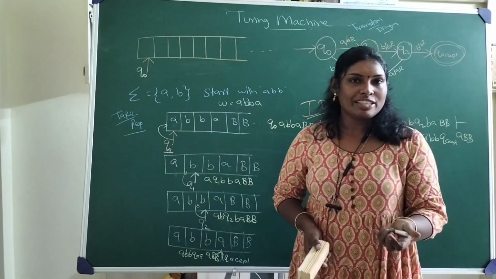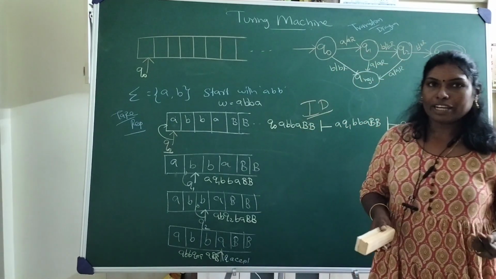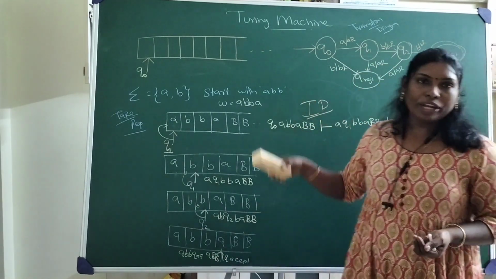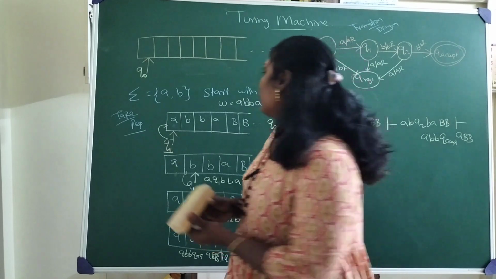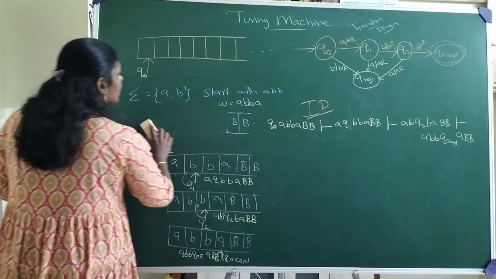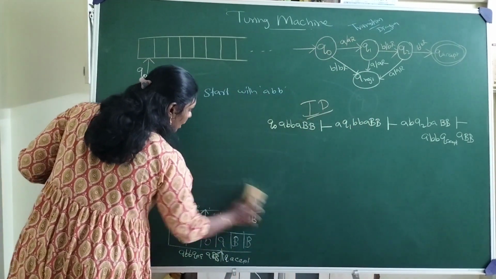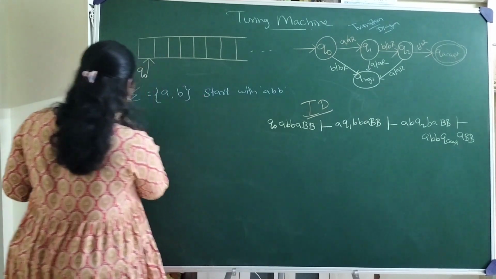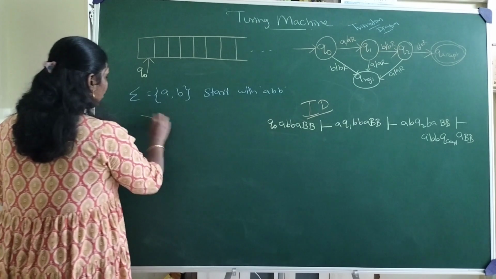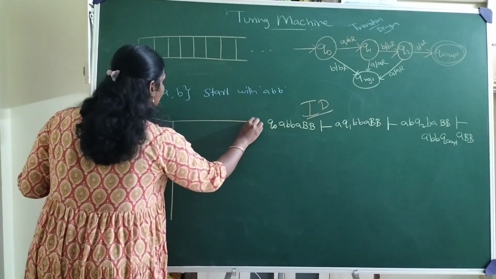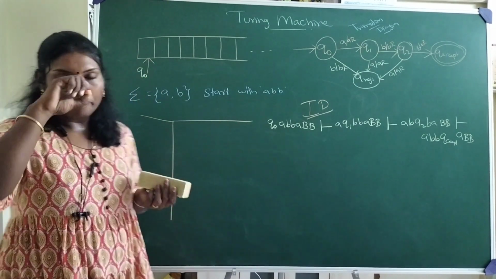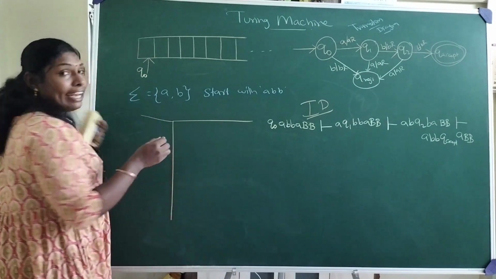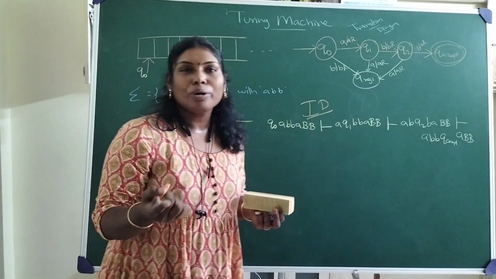And you have two more specific representations when it comes to a Turing machine. One is the transition table. You remember what a transition table is? We have done it for NFA and DFA, but we haven't done it for pushdown automata.